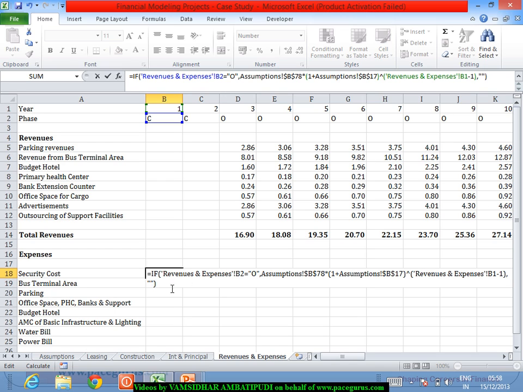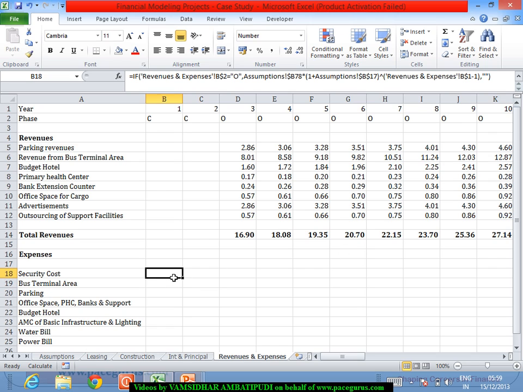But the same formula probably I can use for water bill and power bill. So to make sure that I am using it for those two, I'll put the appropriate dollars here. Instead of B78, I'll remove the dollar before the 78 so that I can reuse it. Assumption B17 remains the same, and here also B1, I'll block the row number 1 by putting the dollar.